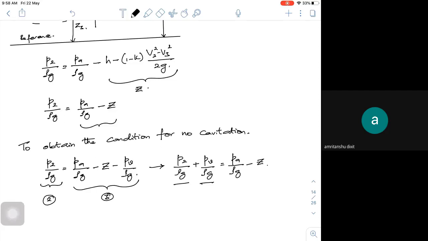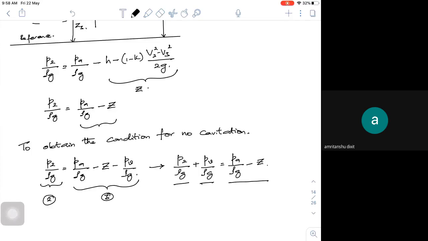If I know that, then I can place my turbine in that extension so that I can satisfy it and get no cavitation. So there won't be any formation of bubbles. This is the condition. If we are able to achieve this condition, then I can clearly tell that I can safeguard my installation from the formation of cavitation.